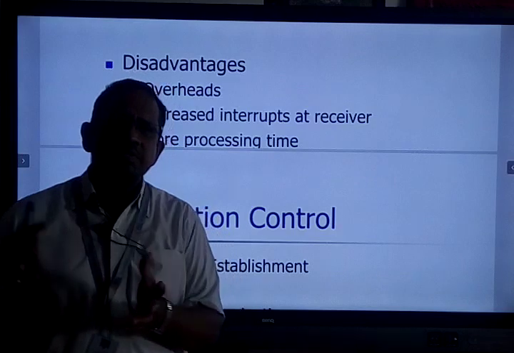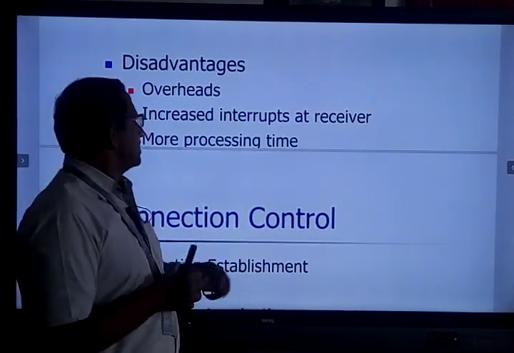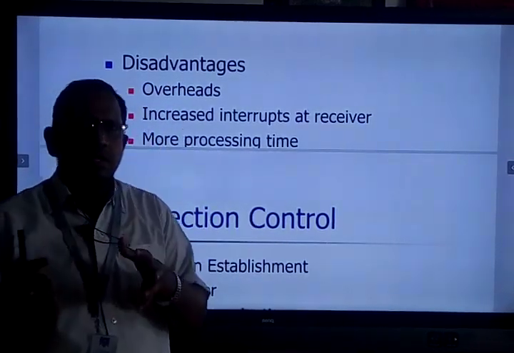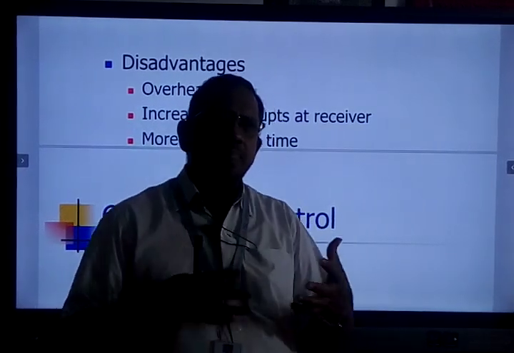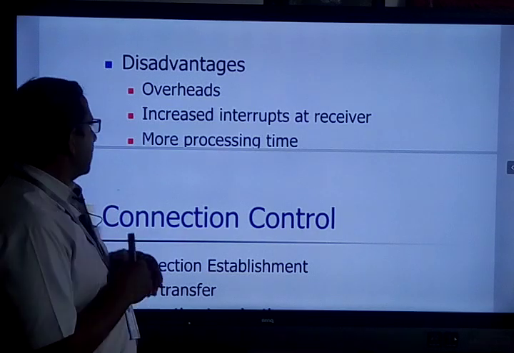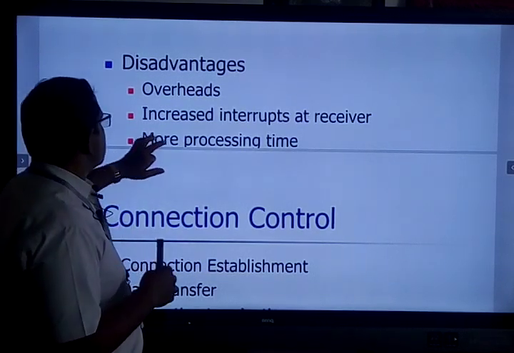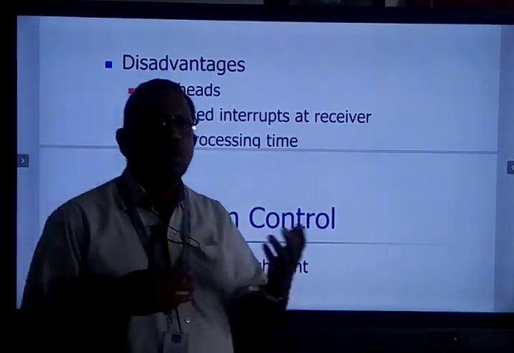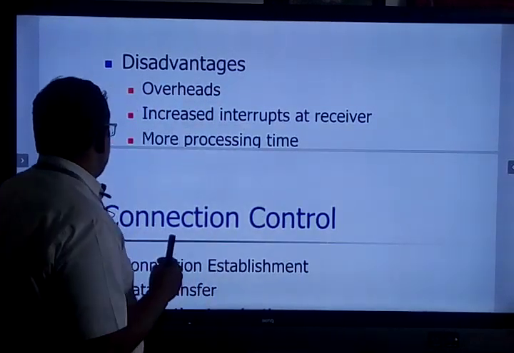The receiver may be busy doing some other task, but because of this small data, it is always going to be interrupted for data reception. The next is, it takes more processing time to complete the overall data transfer.